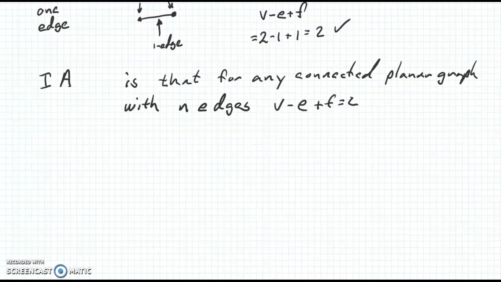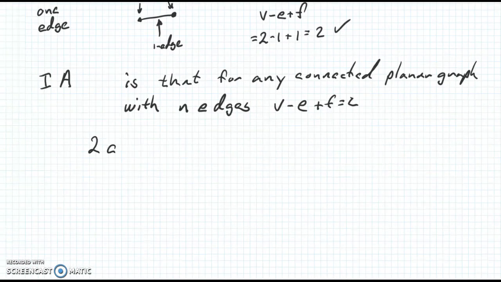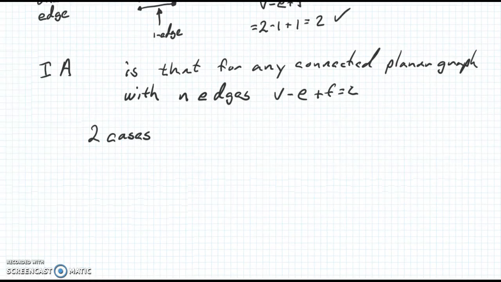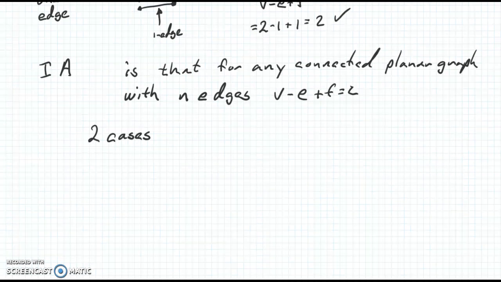And there's two cases. So notice that a graph with n plus 1 edges can be built from a graph with n edges in exactly two different ways.